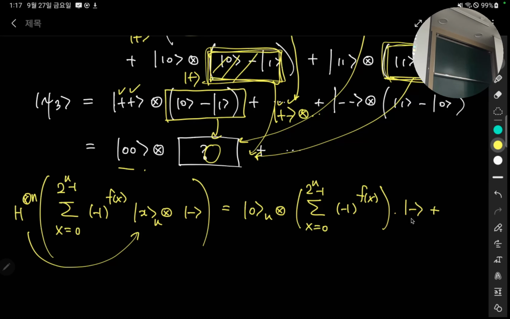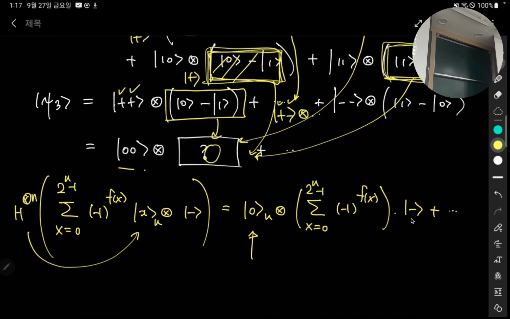Okay, so it's something more is appended here, but I don't care. I only want to see whether there is going to be a 0 n qubit state in my outcome.